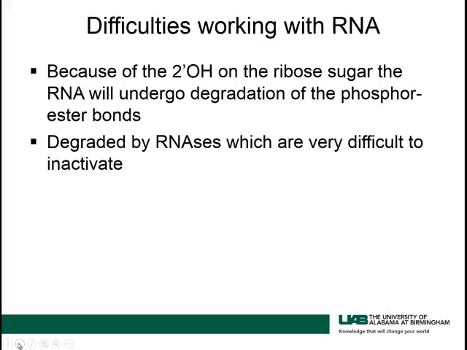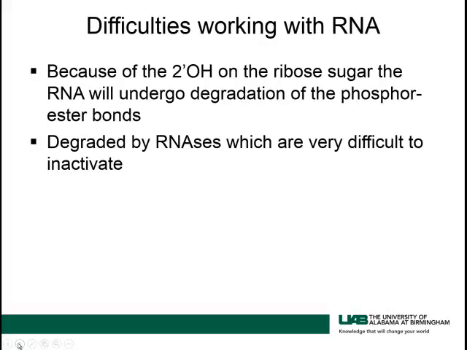Now, you recall that that hydroxyl group can be used to attack the phosphoester bond that holds the backbone of the RNA together. So it begins to cleave or degrade itself using that attack of the hydroxyl group on the phosphate bond.